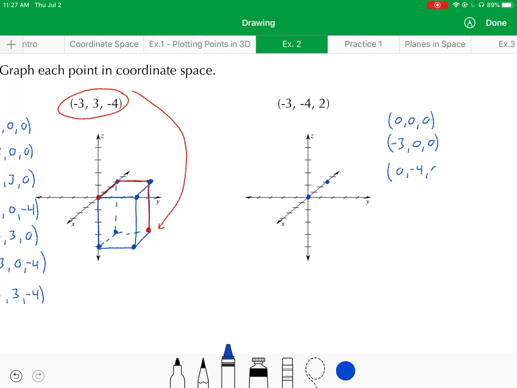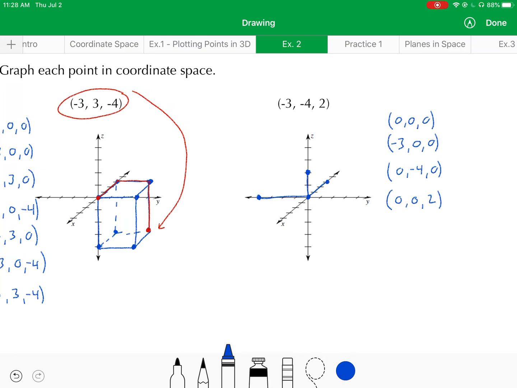Y-intercept, 0, -4, 0. That's 4 to the left on the y-axis. And the z-intercept would be 0, 0, 2. Okay, and how about I just start to connect all of those back to the origin.